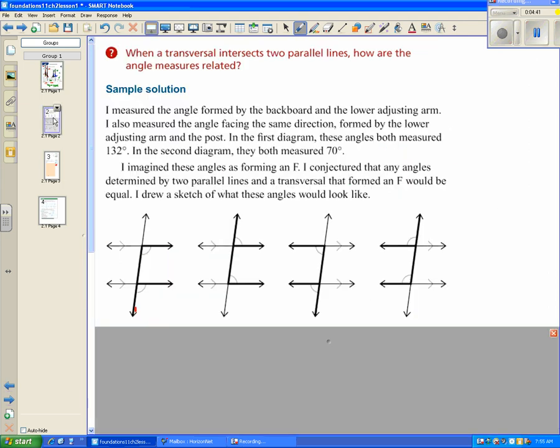That's what it says here: I imagined these angles forming an F. I conjectured that any angle determined by two parallel lines and a transversal that formed an F would be equal. I drew a sketch of what these angles would look like.